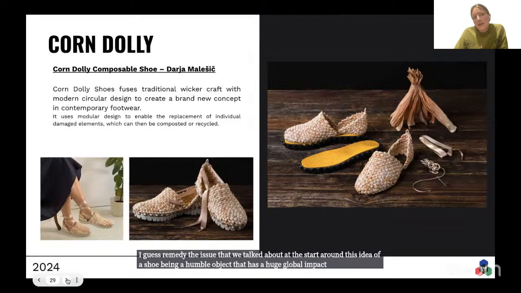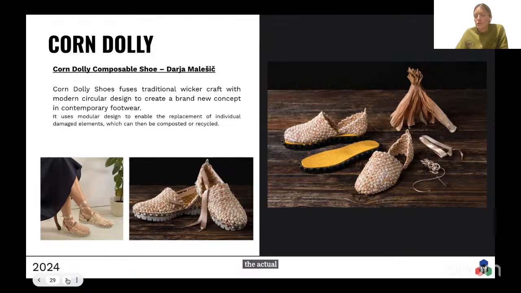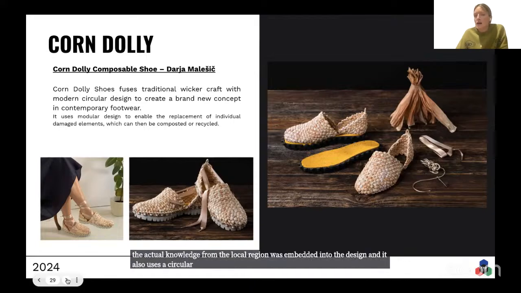So this designer decided to recreate footwear by using local traditional wickercraft. The actual knowledge from the local region was embedded into the design. And it also uses a circular material. This is the husk from corn that's very readily available thanks to agricultural processes locally.